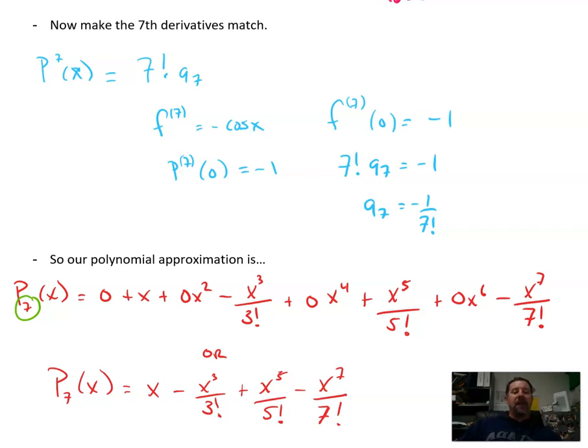We didn't use the factorials, if you remember, back in that very first one. We said sine was pretty close to x, and then we did x cubed over 6, and I kind of led us to 6, and x to the 5th over 120, and I really kind of gave us 120 in that introduction video. But that's 5 factorial, and this is another way to come up with a polynomial approximation, just by making those derivatives match.